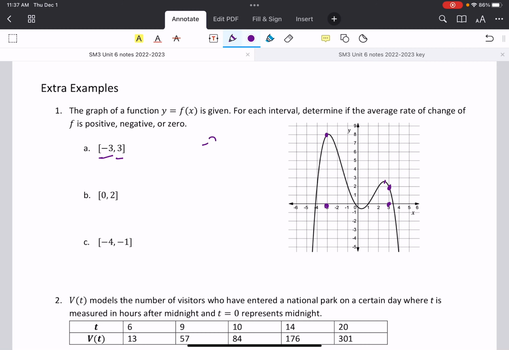So -3, 8. 3, 2. Does that make sense? And then find that change between those 2 points. So when it has a bracket, these are 2 x values that you need to plug back in or go find the y value.